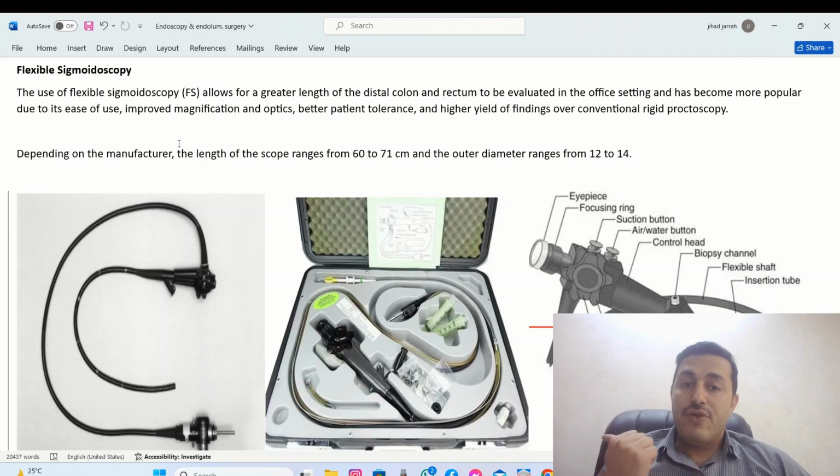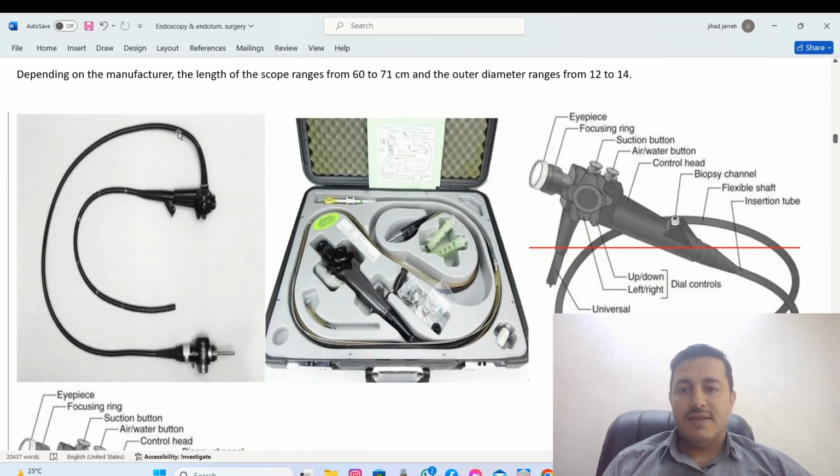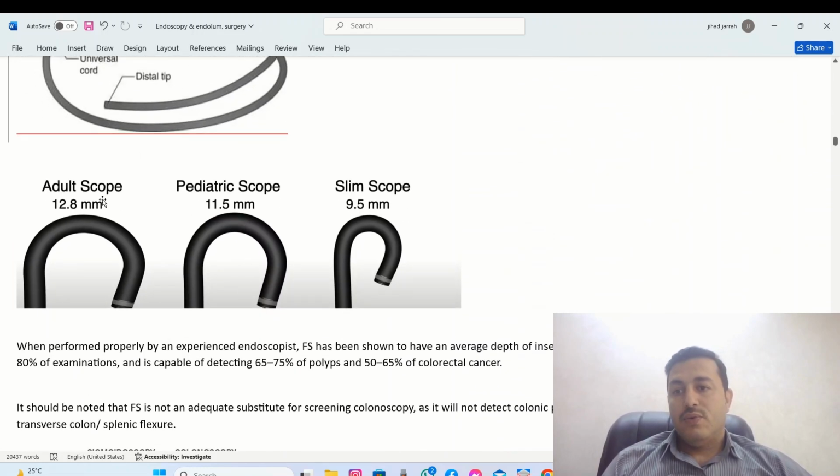acquired from the rigid proctoscopy, because the flexible sigmoidoscope is flexible and can loop, so rigid proctoscopy is better for distance description. As you see in this picture, we have different sizes.